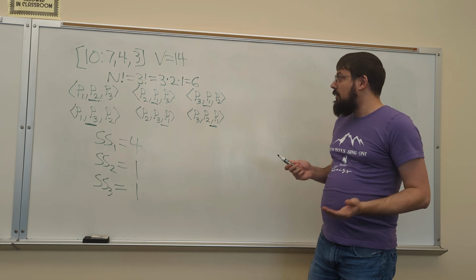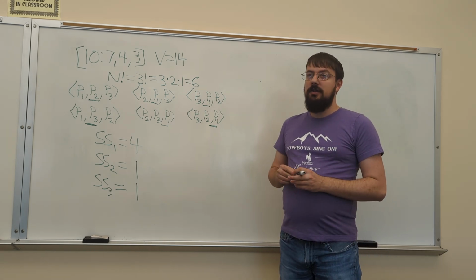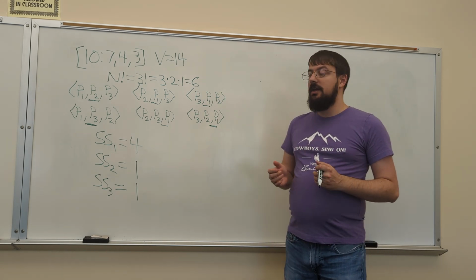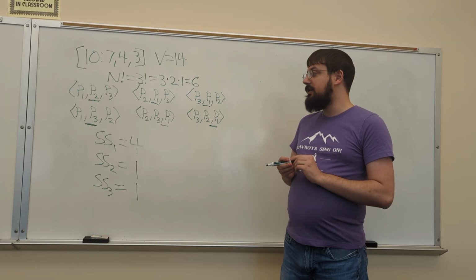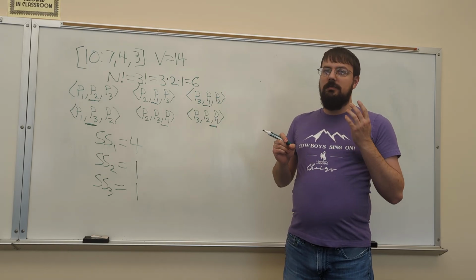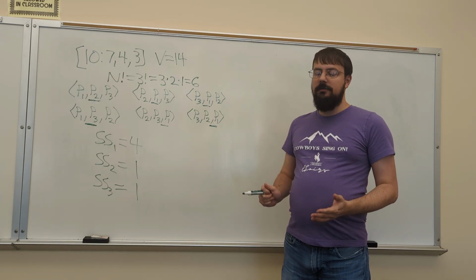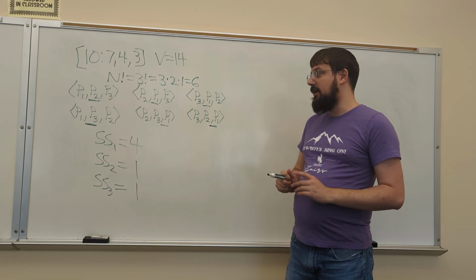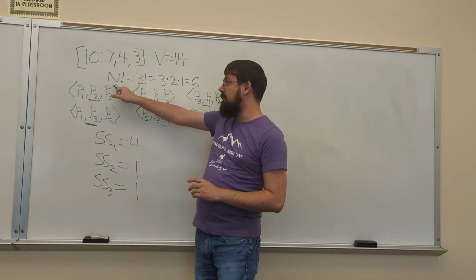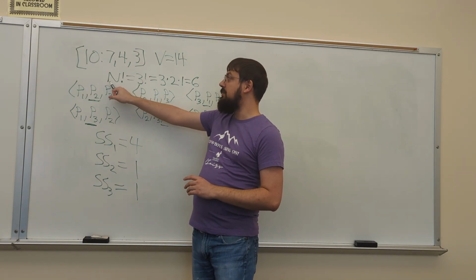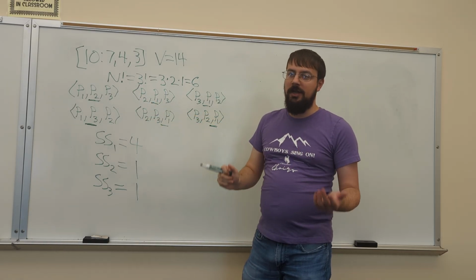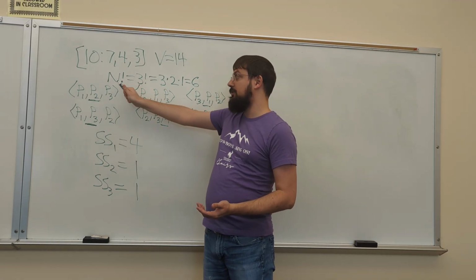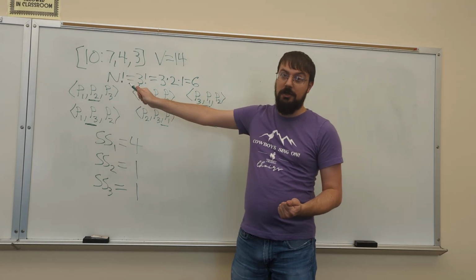Now we can actually calculate the Shapley-Shubik power index. The Shapley-Shubik power index for a player is basically just the pivotal count for that player divided by the total pivotal count, which is always going to be n factorial, because there's one pivotal player for every sequential coalition, and we have n factorial sequential coalitions.